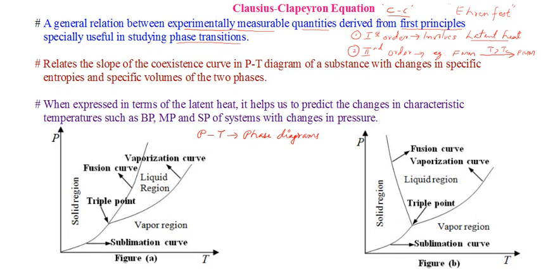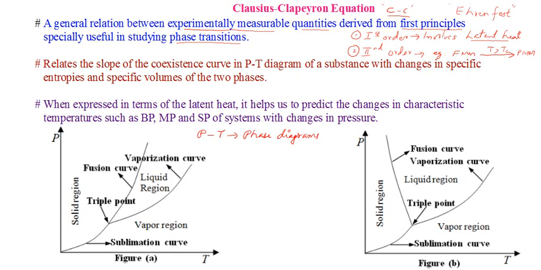Now look at the PT diagram which I have shown as figure A. This is the PT diagram for simple systems, which do not show any sort of anomalous behavior. Why do I say anomalous behavior? We have learned about the anomalous expansion of water.